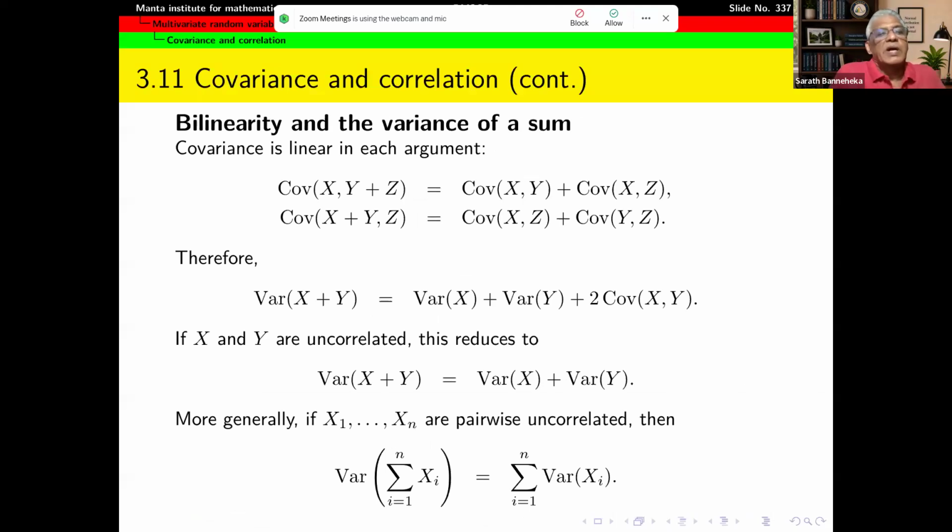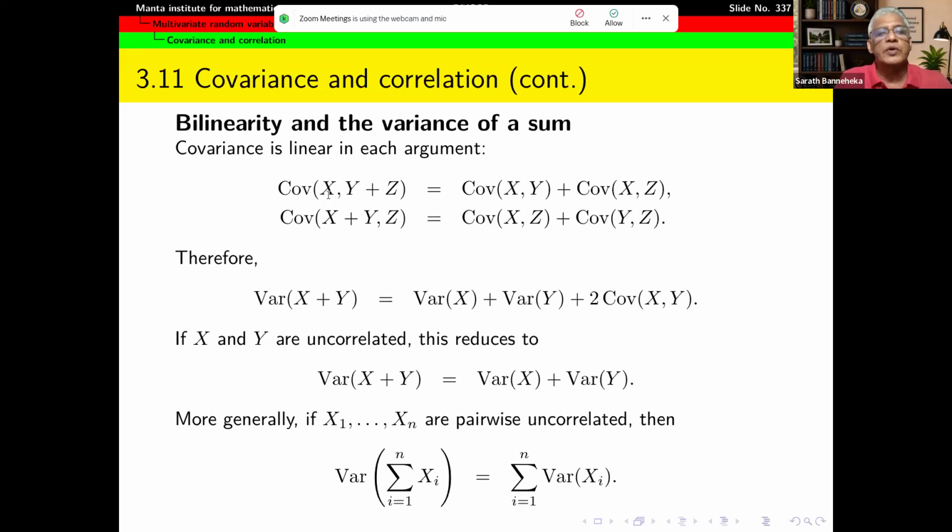We can call them bilinearity, and we also look at the variance of a sum. Covariance, say, between X and Y plus Z, where Y and Z are random variables: you can expand using the usual mathematical expansion, which is correct here also.